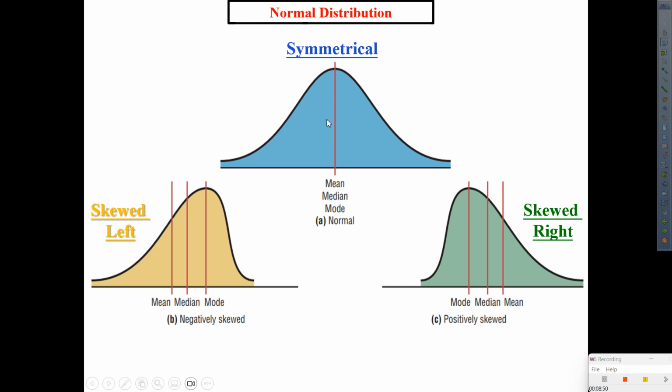Now, let me trigger your noodle. What do we call mean, median, and mode? Remind your neighbor. Looks like Lulu's got it. Very good, Lulu. What do we call mean, median, and mode?